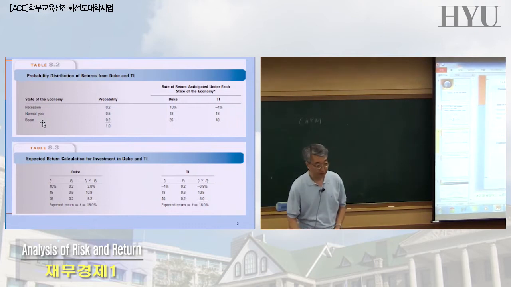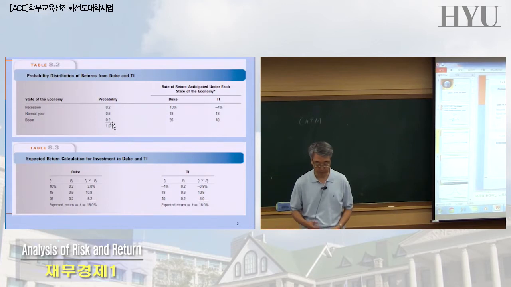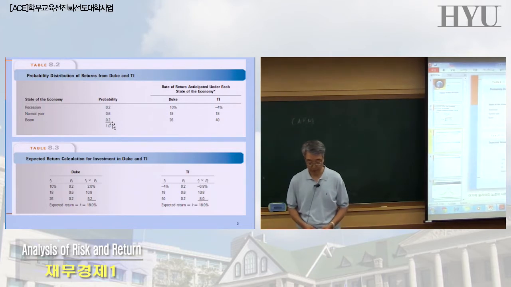So if the economy happens to be a recession, somehow somebody came up with this probability, right? What's the probability for an economy to go into a recession? 0.2. Probability that you will have a normal year is 0.6, or 60% of the times you can expect a normal year. And the rest, 20% of the times, you can expect a boom year.